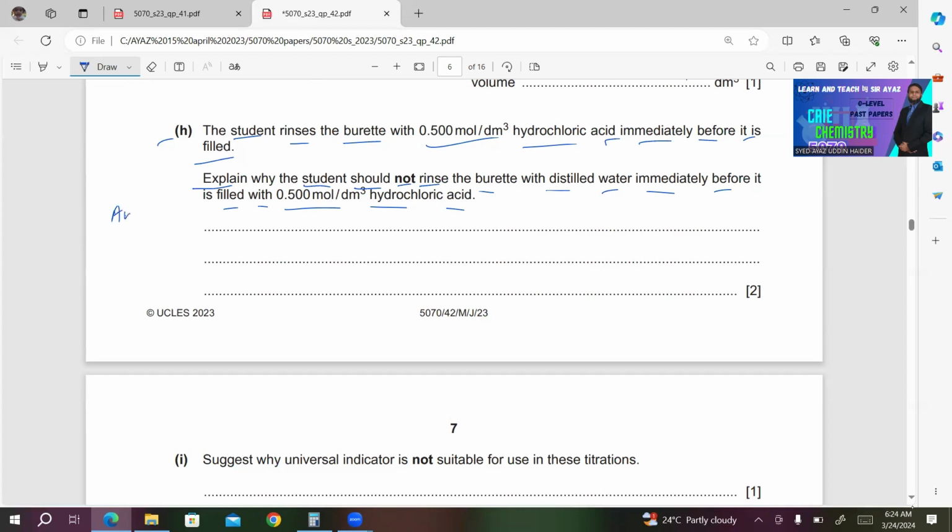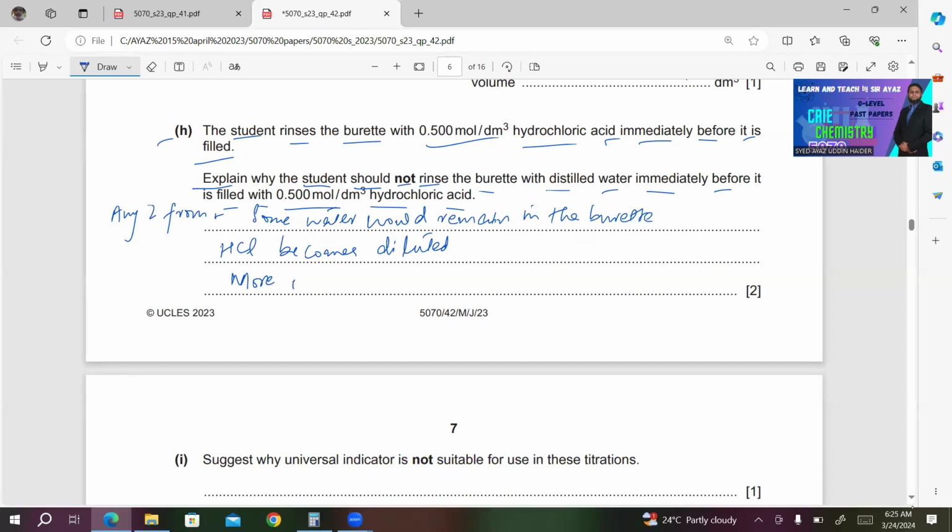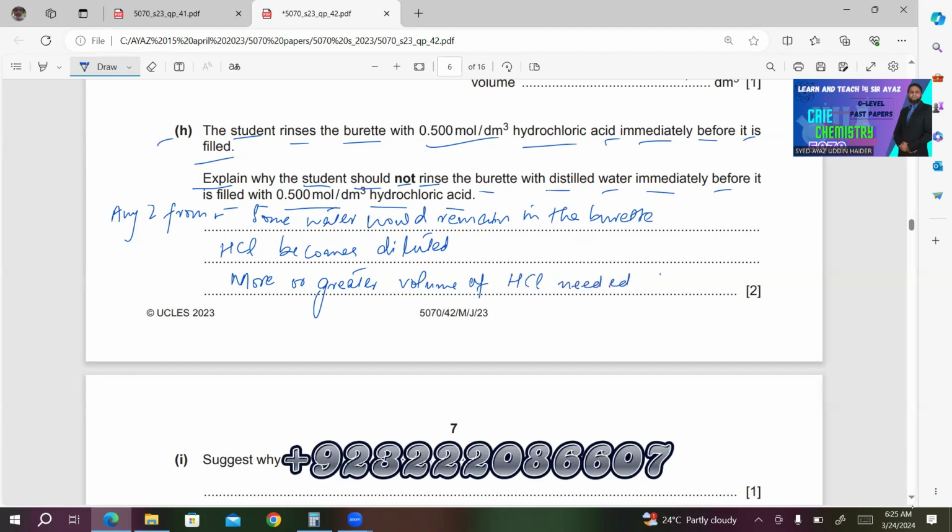So you write any two from: some water would remain in the burette; HCl becomes diluted; more or greater volume of HCl needed for titration.